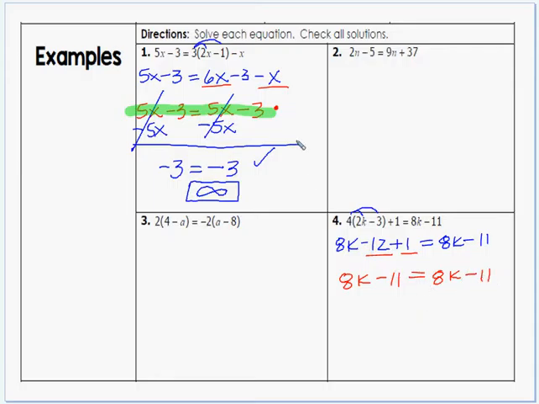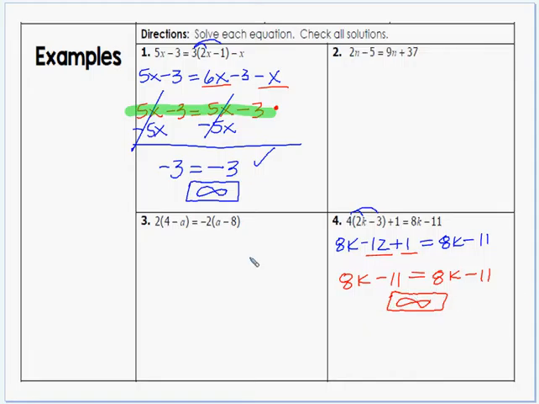Notice, this is exactly like number 1. We get two statements that are the same, and they're equal to each other, which is true. If they're the same on either side, it has to be equal to each other. This is a place where I could stop and now show that this is an infinite solution.